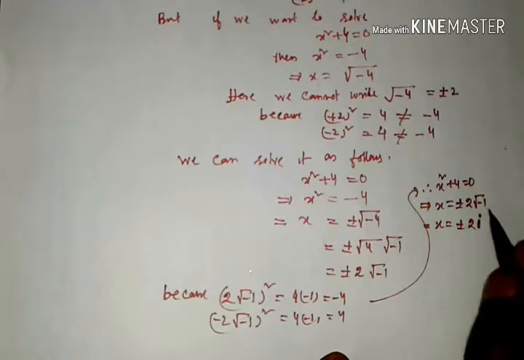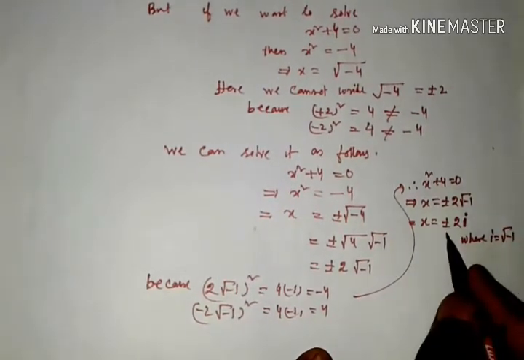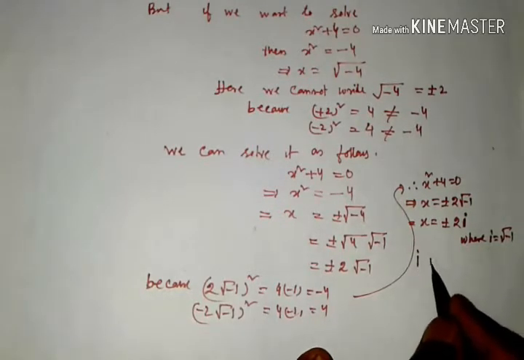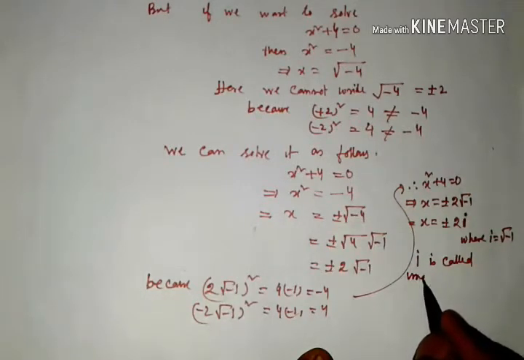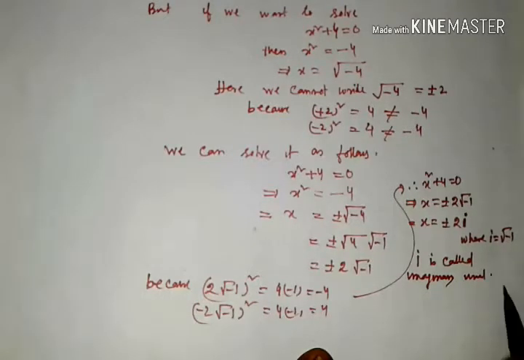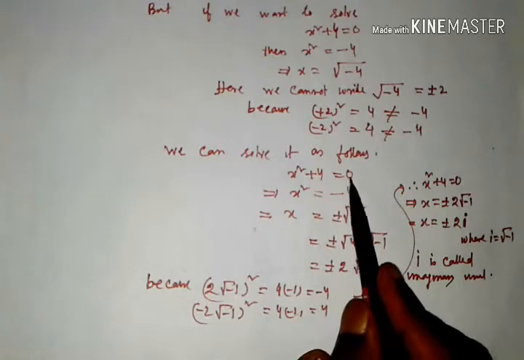i means root over minus 1, where i is equal to root over minus 1. This i is called the imaginary unit, because we cannot get a real value in solving x square plus 4 is equal to 0.